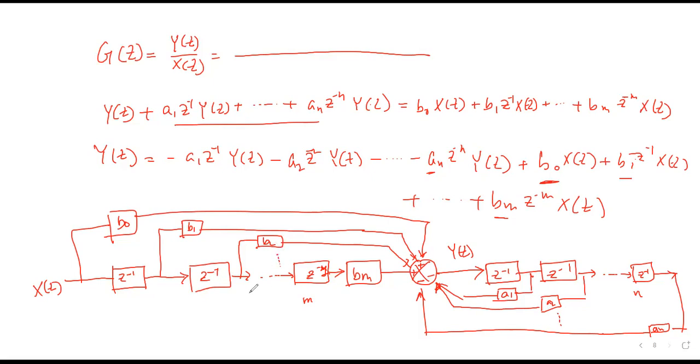So this is how we have m delay elements on the input side and n delay elements on the output side. So in the direct programming, m plus n delay elements are used to form the block diagram of the pulse transfer function. This is the direct programming of the pulse transfer function.